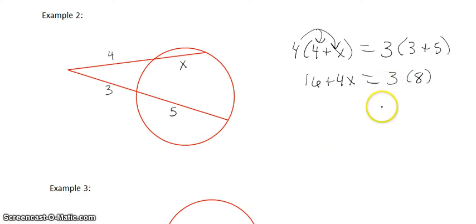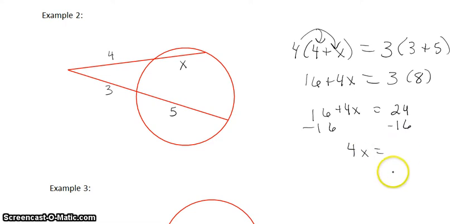Okay, and then 3 times 8 is 24. Then I would subtract 16. So 4x equals 8. And then divide both sides by 4, so x equals 2.